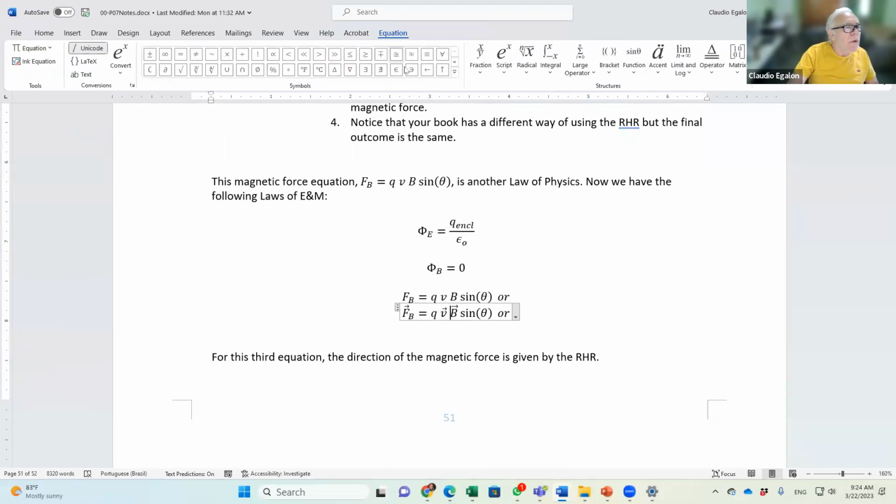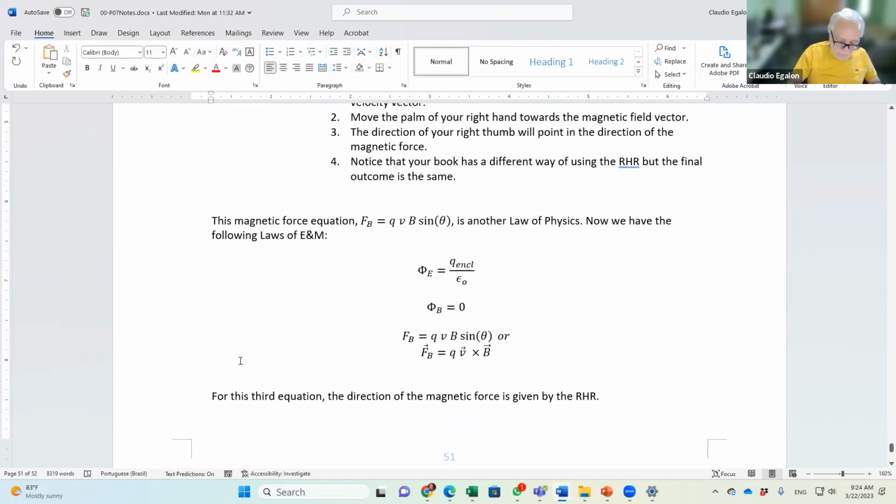That's the one. No sine of theta, because the vectorial product already implies the sine of the angle. Theta, don't forget, is the angle between the B field and the velocity vector.